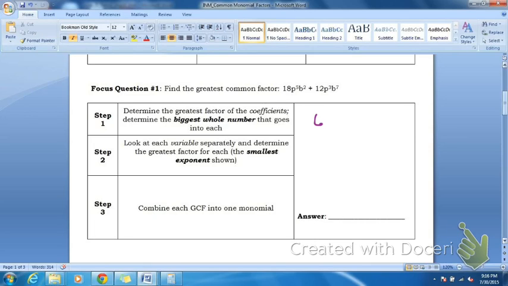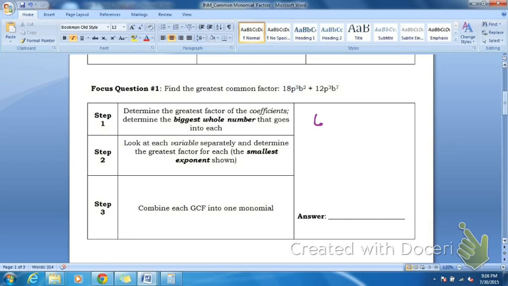Now when we look at the variables, let's start with p to the 5th power and p to the 3rd. The rule on finding the greatest common factor for variables is you always take the lowest of the group. So p to the 3rd power is the smaller of the two.